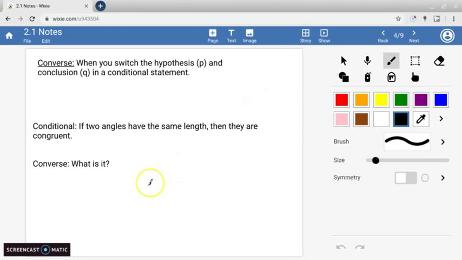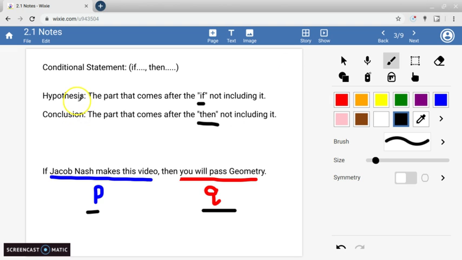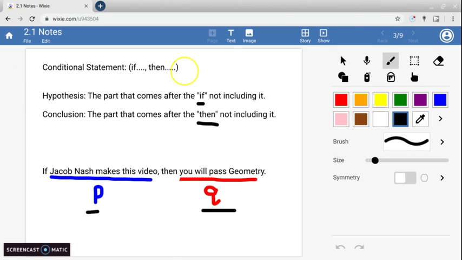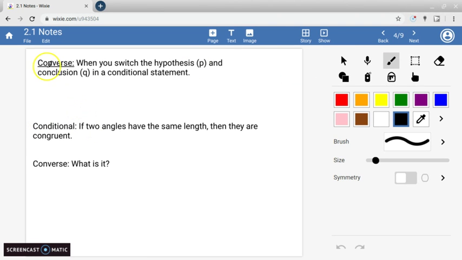here's the next thing. Converse. Converse is when you switch the hypothesis and conclusion. So that's a conditional, and then converse is kind of just reversing it. You see verse, you think reverse, maybe.